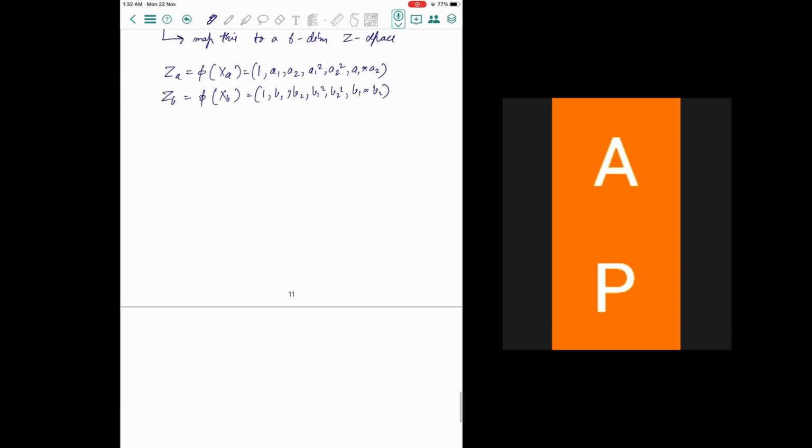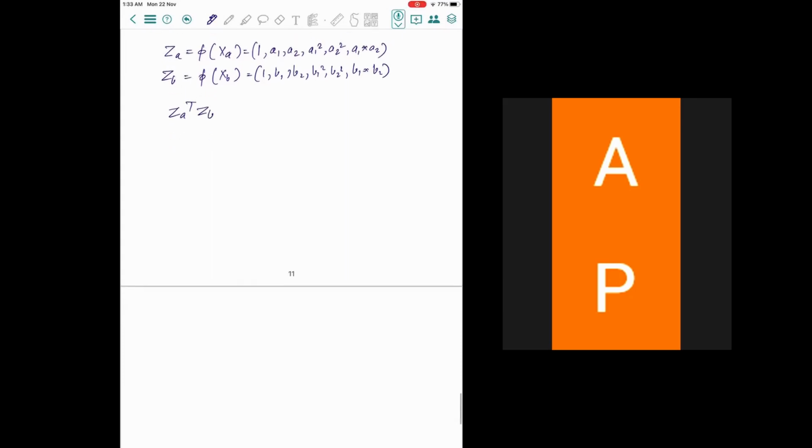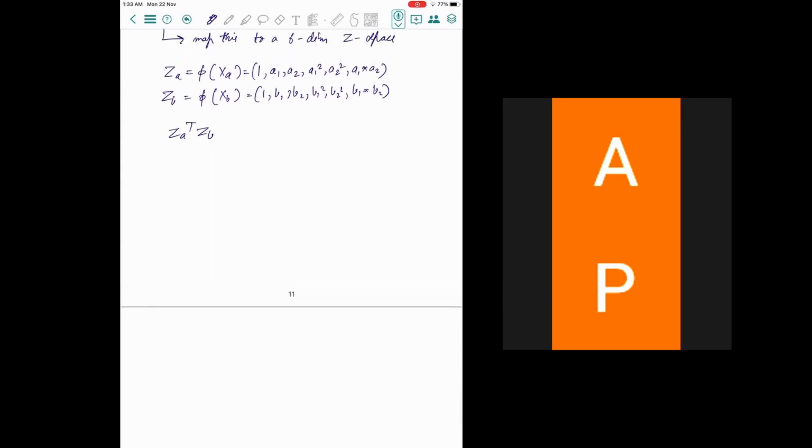Then solving the dual SVM, we'll have za transpose zb, which will be 1 plus a1 b1 plus a2 b2 plus a1 squared b1 squared plus a2 squared b2 squared plus the cross term a1 b1 a2 b2.